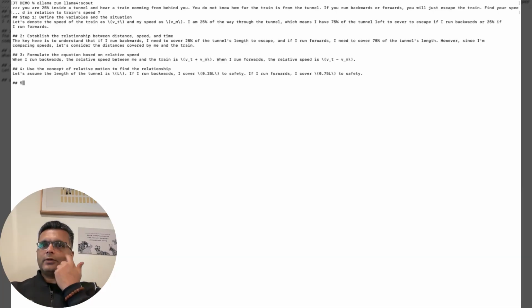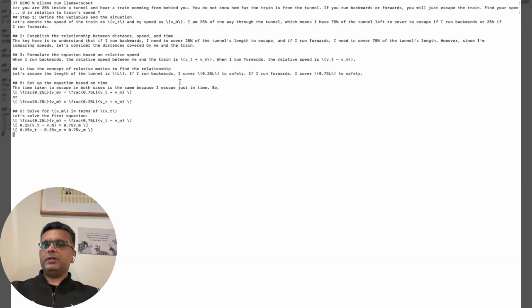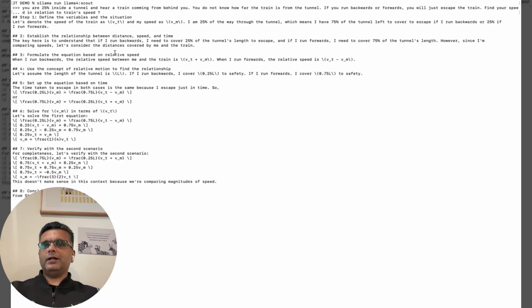Right, so it is establishing the relationships pretty fast, formulating the entire equation, setting up the equation, and then trying to solve it. And then it's trying to verify. This does not make sense in this context because we are comparing magnitudes of the speed. And then it comes, this means my speed is 1/4 of the train's speed, right?